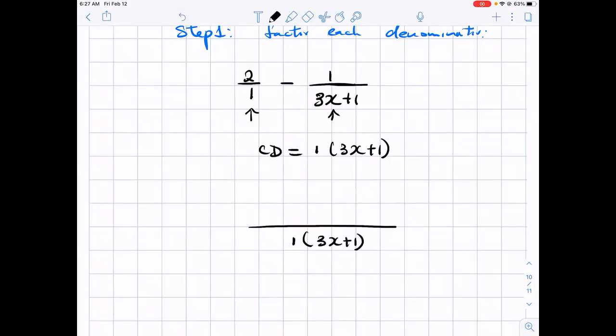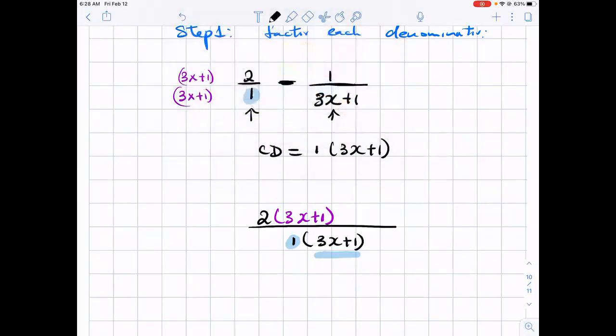And then I compare. So notice here I have a 1. I have the 1 here. But there's also a 3x plus 1. So it means that I'm multiplying the bottom by 3x plus 1. So I must also multiply my top. So this here becomes 2, and then times 3x plus 1.